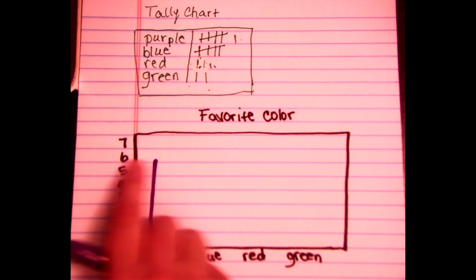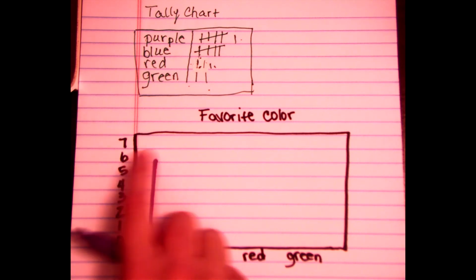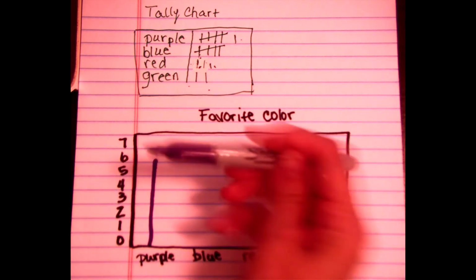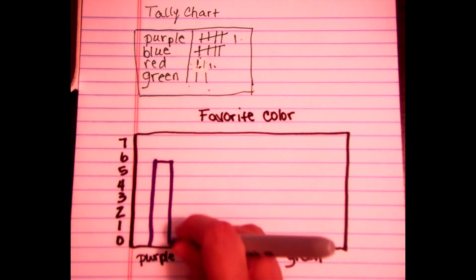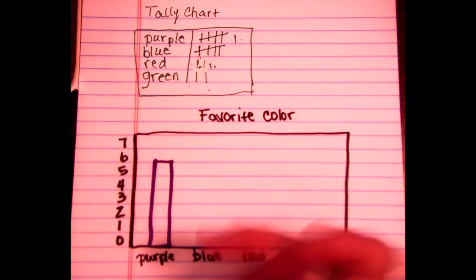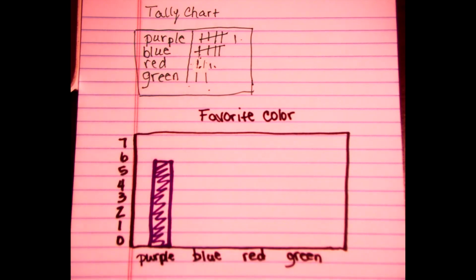Okay, 6 is this line here. If I go up one more, that's going to be 7. So I'm going to stop here at 6, and come down, and that's my purple bar. And I'm just going to kind of color it in that way.